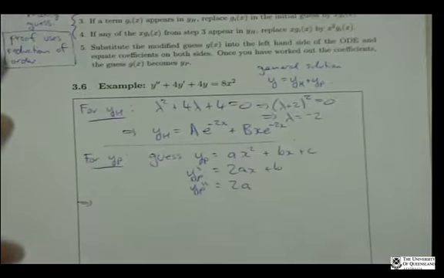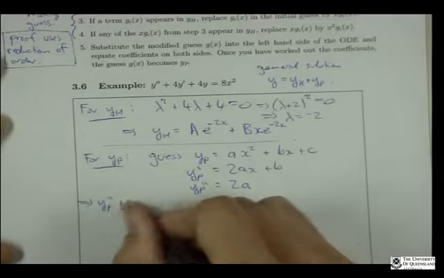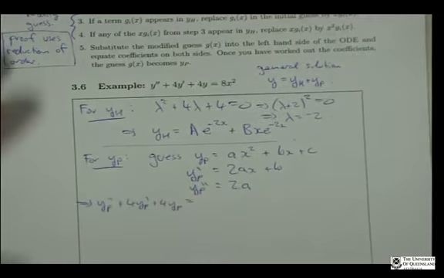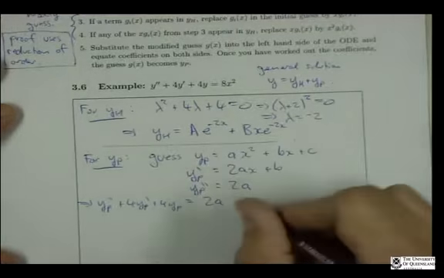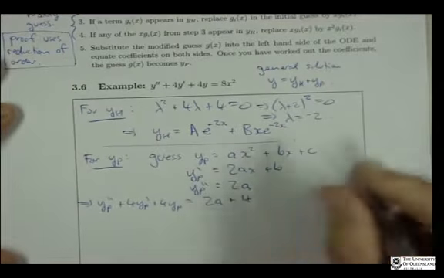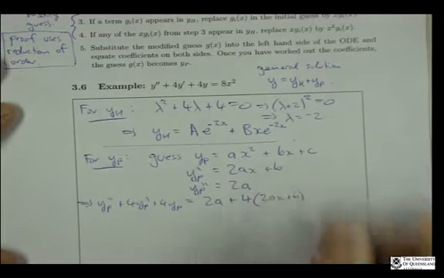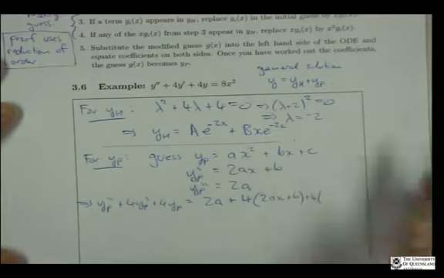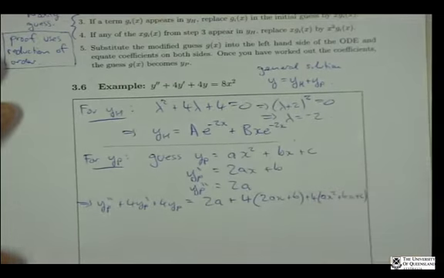All right, so that implies that yp double dash plus 4yp dash plus 4yp equals, let's put it all together. So we have 2a for the second derivative plus 4 times the first derivative, which is 2ax plus b, plus 4 times yp itself, which is ax squared plus bx plus c.